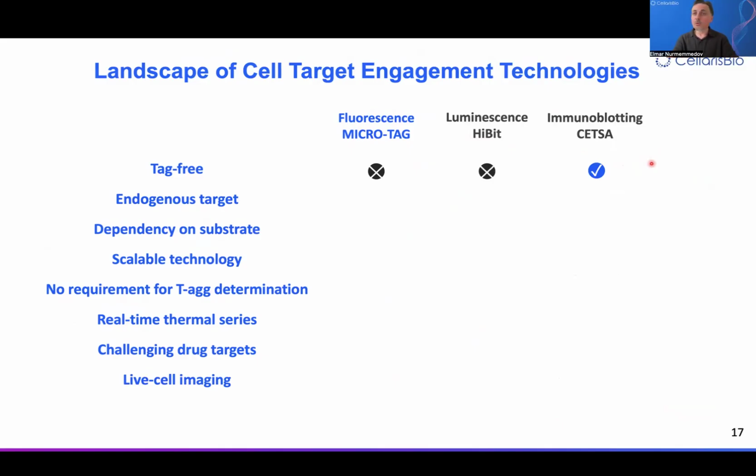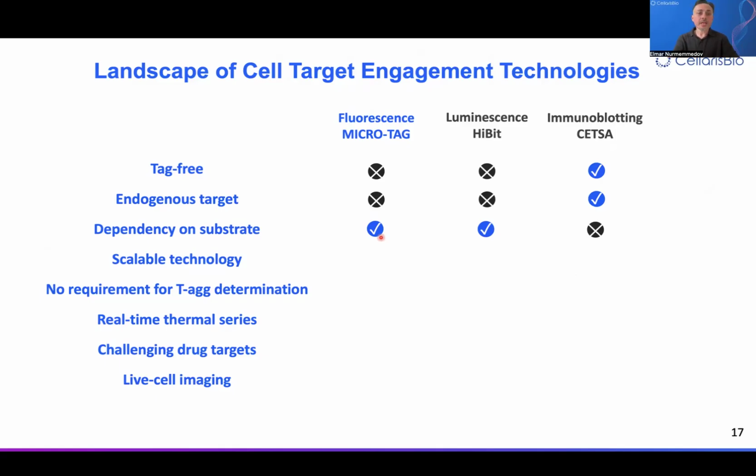And it's a great way to really measure the endogenous target, and there are great benefits to it. CETSA does not rely on a substrate because there is no enzyme complementation. It's direct use of immunoblotting directly through antibodies, whereas the HiBiT and microtag systems depend on a substrate to generate that signal. It's highly sensitive.